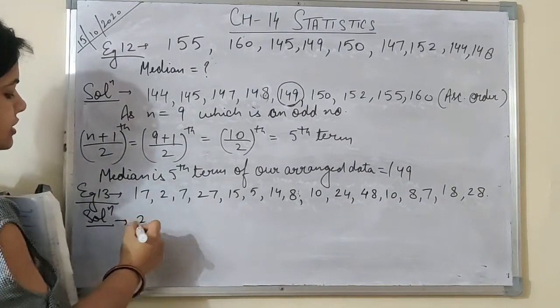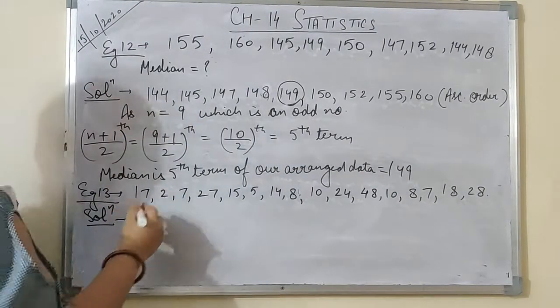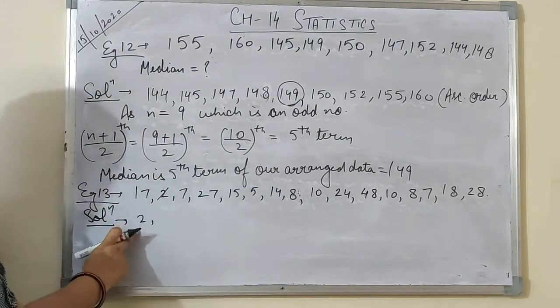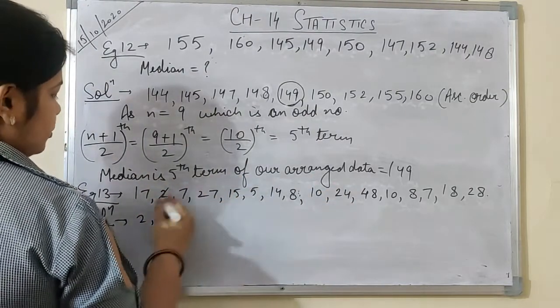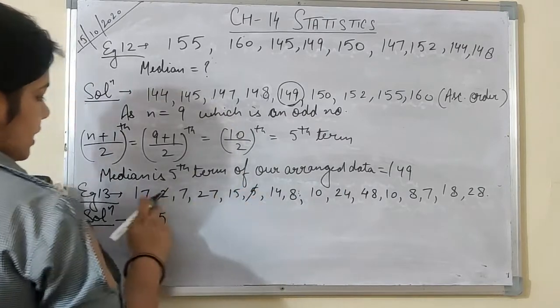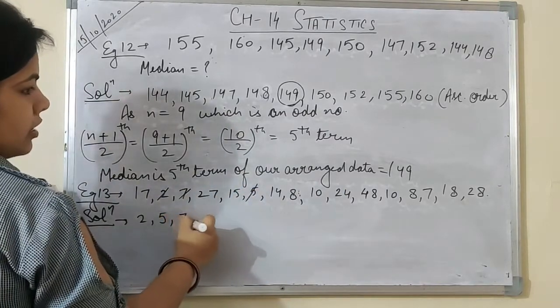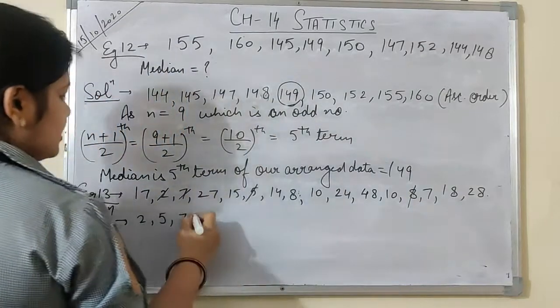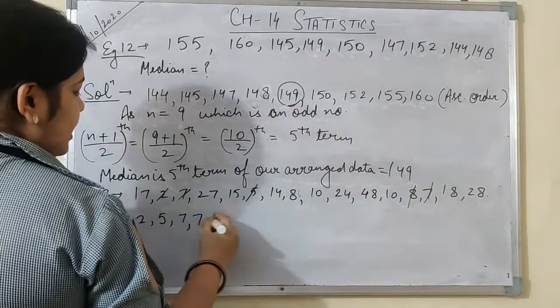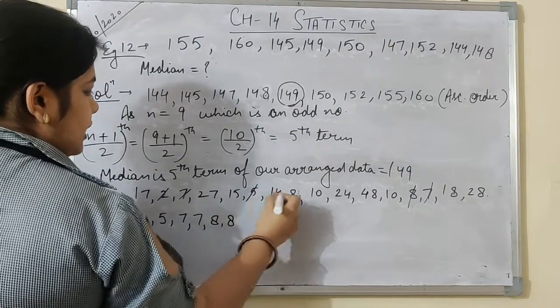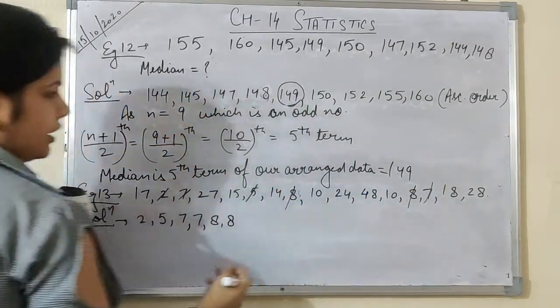Again, what will be the first number? 2. So you can cut it from here and write it here. Next, as 2 is not coming more, is 5, then 7. 7 is coming twice, so we cut 7 two times. Then 8 is also coming 2 times, so I have cut it.